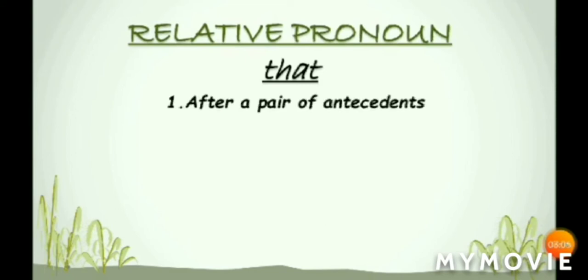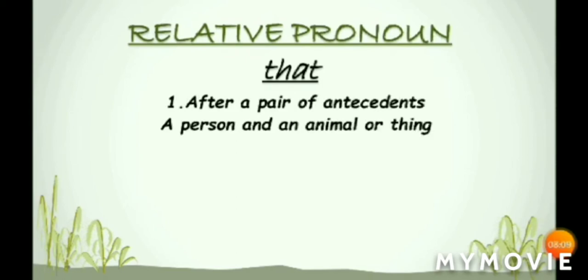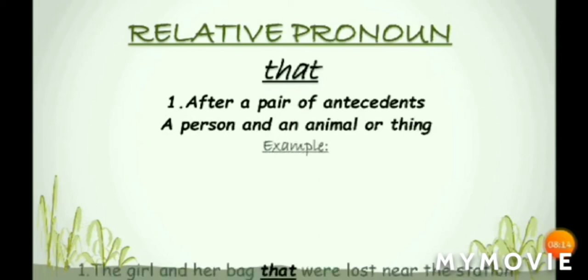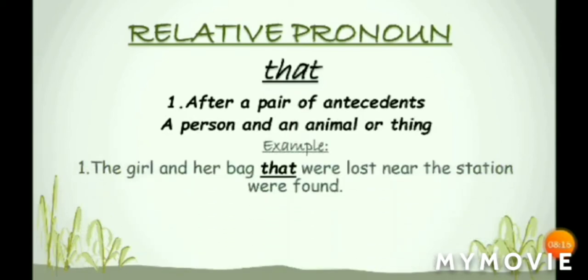Relative pronoun that. We use it in different ways. Number one, after a pair of antecedents in which a person and an animal or thing is paired. For example, the girl and her bag that were lost near the station were found. If the antecedent would be the girl, we use who. And if the antecedent is her bag, which is fine.